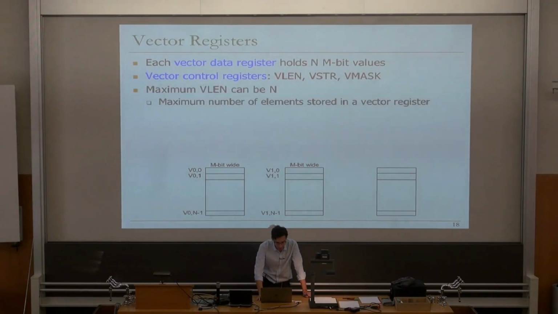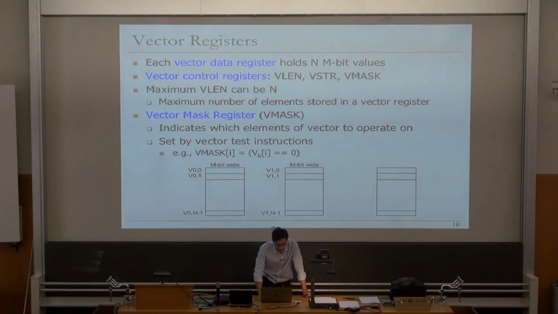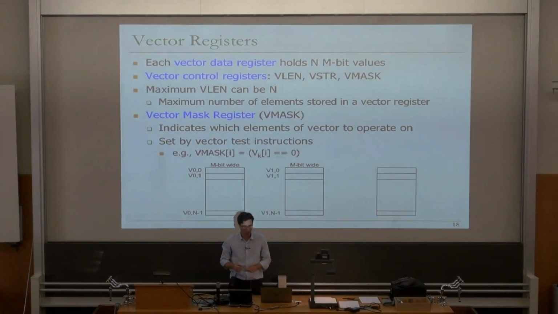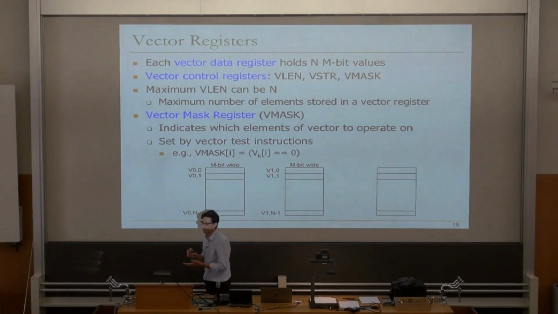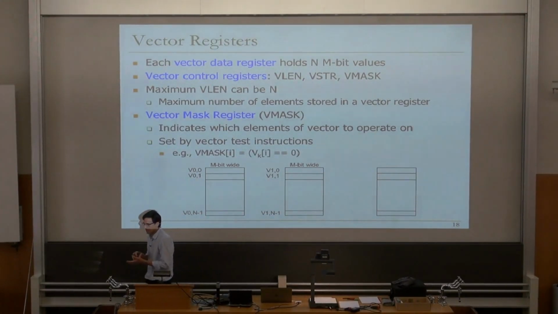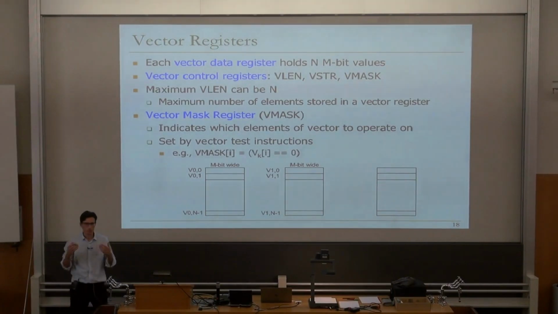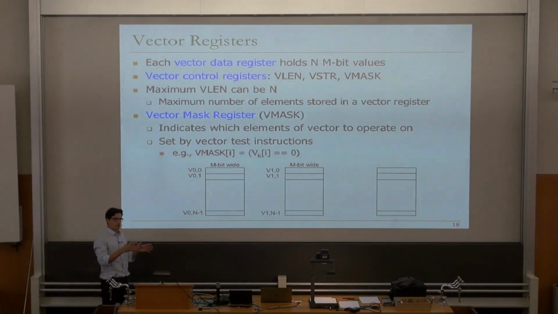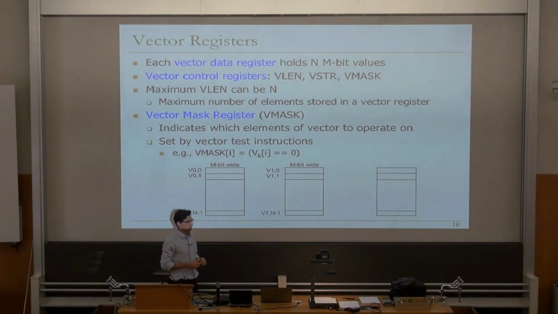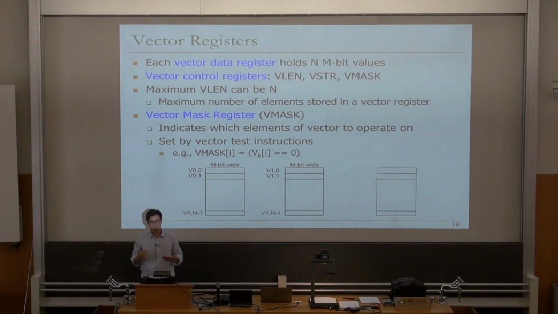The maximum VLEN is a number that depends on the hardware. Let's say it's n. And the vector mask, we will see one example later, but what we are going to do with the vector mask is masking the operations that we execute on the different elements that are stored in the vector register. And this allows us to do some conditional execution.